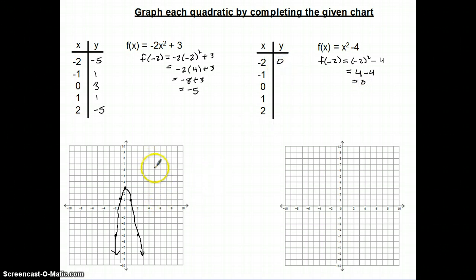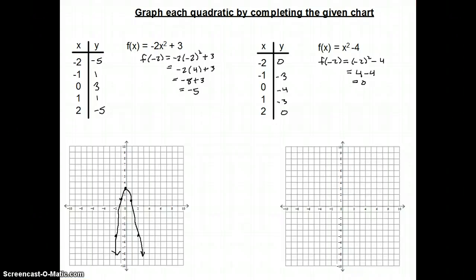Go ahead and solve the remaining y values on your own, and we can check and make sure you got those right. Alright, the y values you should have come up with are -3, -4, -3, and 0.